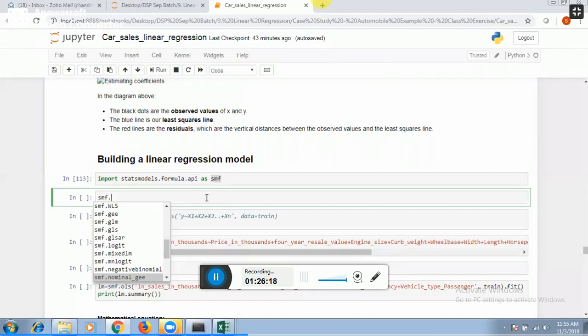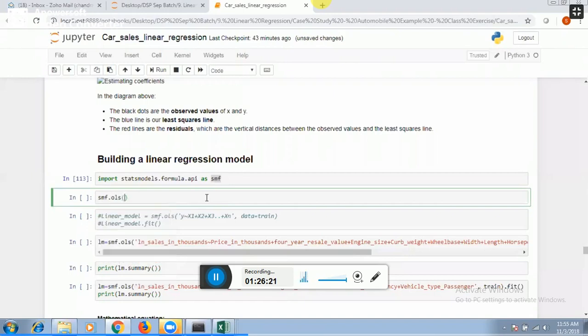Okay, so now we are using an OLS. And here what you need to supply is formula equal to, and when I say formula, what is your Y and what is your X? The constant you need to give, and then data equal to train, and that's all.